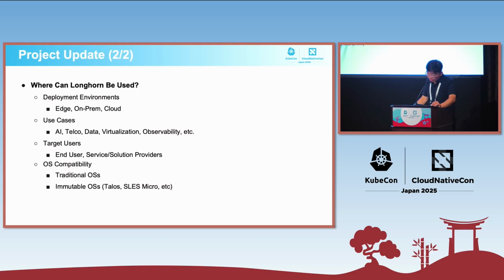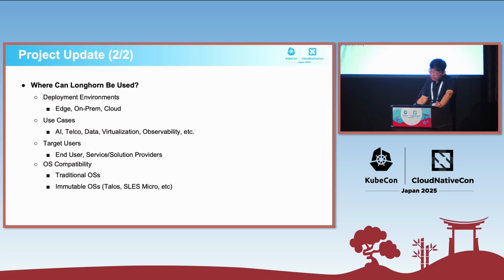Okay, and we can talk about where Longhorn can be used. The first one, Longhorn is very flexible. So we see users install Longhorn in home lab clusters, edge clusters, on-prem clusters, private cloud or public cloud. And in addition, for the use cases, we see people use Longhorn in the AI domain, telecom domain, data management, data analysis, virtualization, observability, and so on.